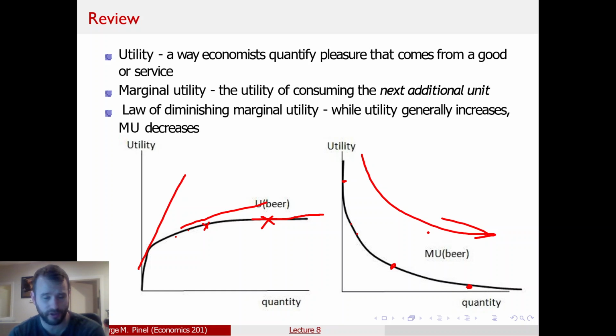It's not a necessary thing. It's not something you have to assume, but it's common enough that we call it a law, even though there's nothing necessarily inherent about it. Okay, it's just consumption patterns. We just like a mixture more than we like a lot of one particular good.